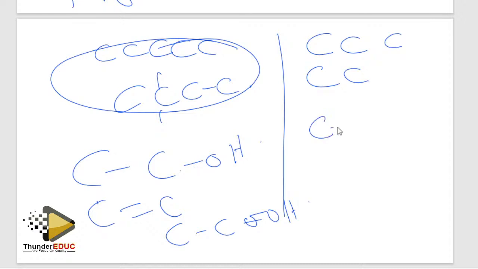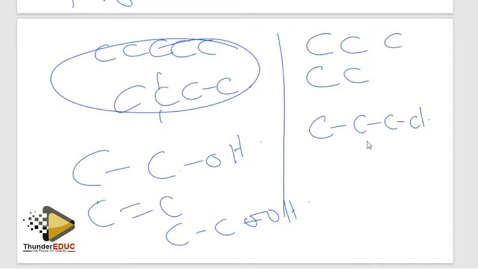When it goes to haloalkane, yes, it has London forces and dipole forces. When it goes to ketones, it has London forces and dipole forces. When it goes to esters, it has dipole forces and London forces.